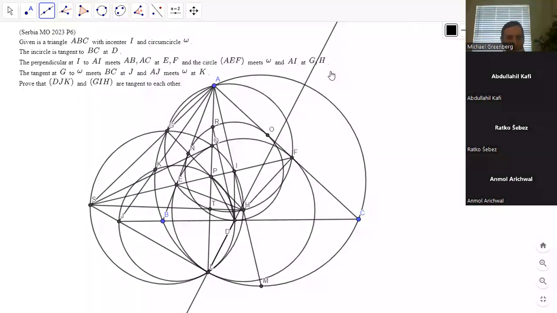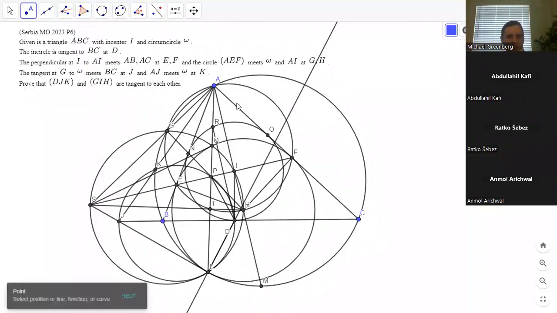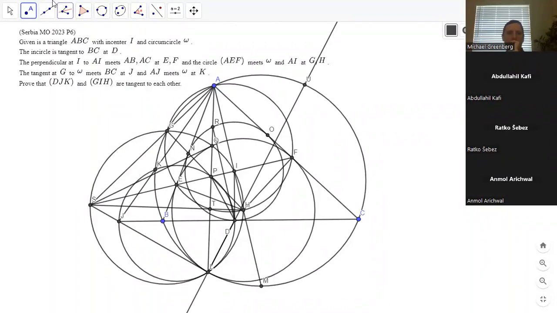Well, we know that this passes through this point. In fact, we could really calculate this angle. It's the average of arcs BL and UC. So this angle right here is really half of arc ABL, which is angle C. So yeah, it should be angle C right here. Is that right?